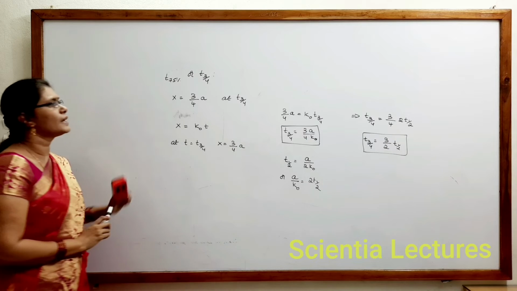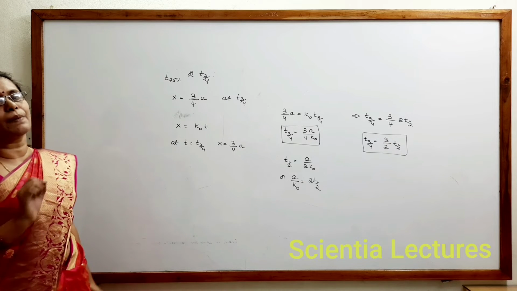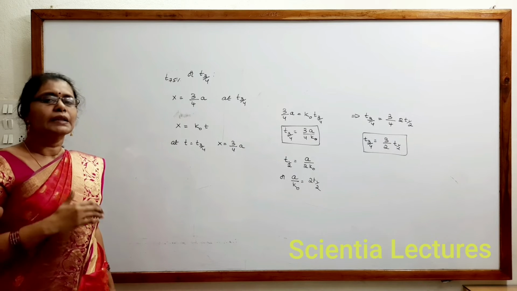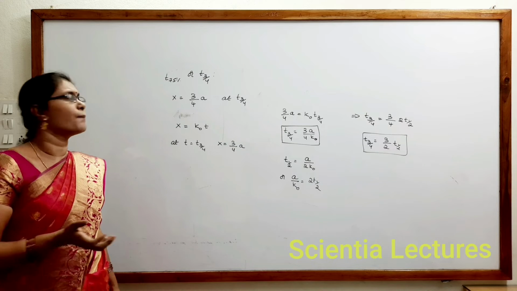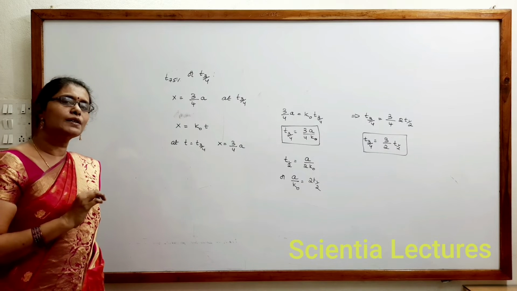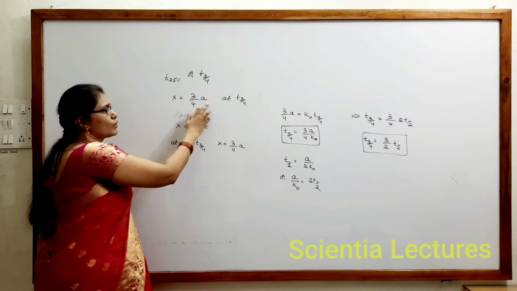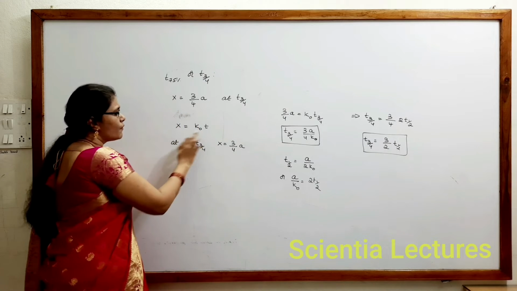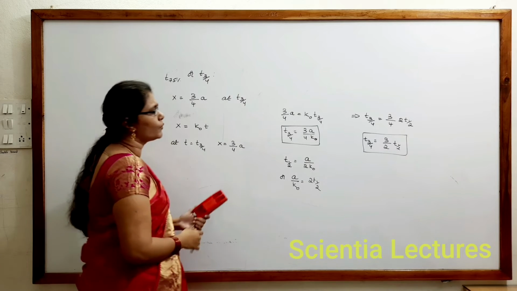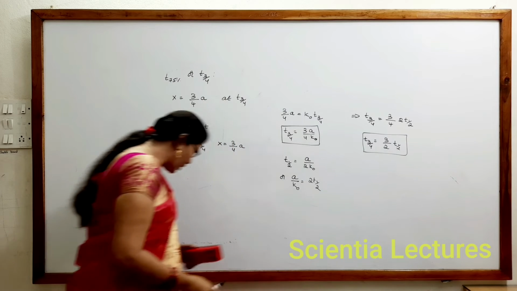Now we are seeing T 3 by 4. What is meant by T 3 by 4? I said to you, that is 3 by 4th of the reaction is completed, or 75% of the reaction is completed. So when X equal to 3 by 4th of initial concentration, we can take that. If you substitute that, you will get T 3 by 4 of zero order reaction.